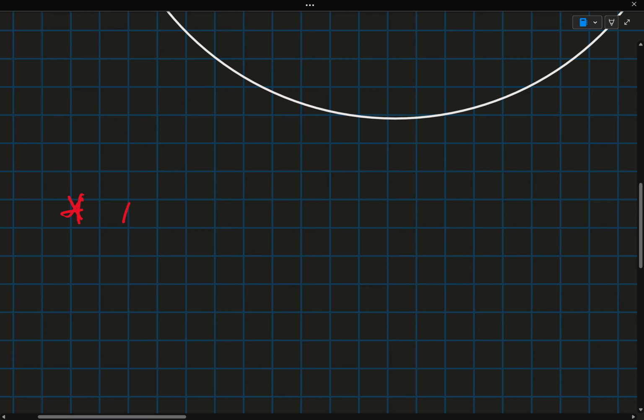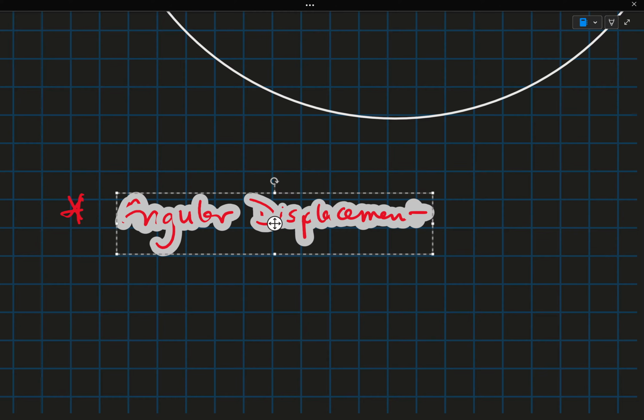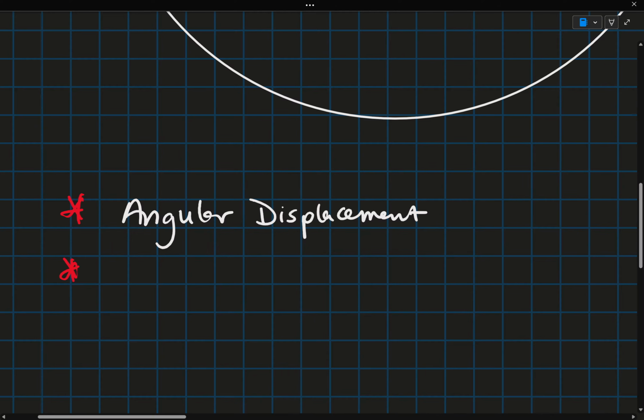We need to know angular displacement, and what angular displacement really is. That's the first term we need to get under wraps. There's another term we need to know: angular velocity.